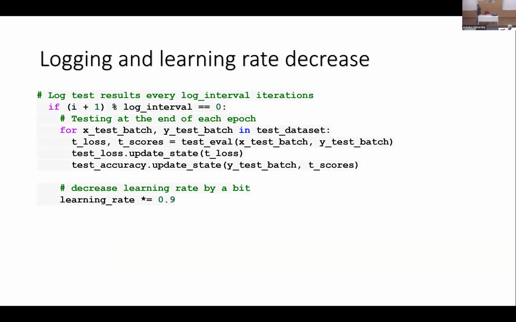Remember that in SGD, you cannot calculate the loss at every iteration. Why? Because calculating the loss itself requires you to access the whole data set, which is not very efficient. So you calculate it once in a while.